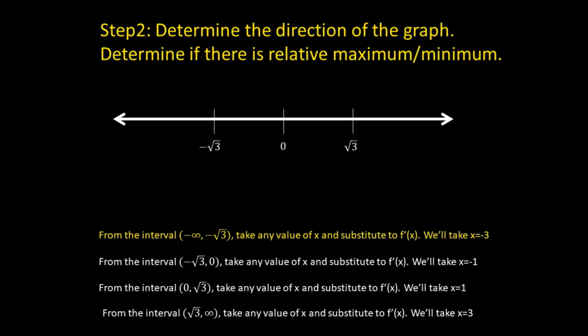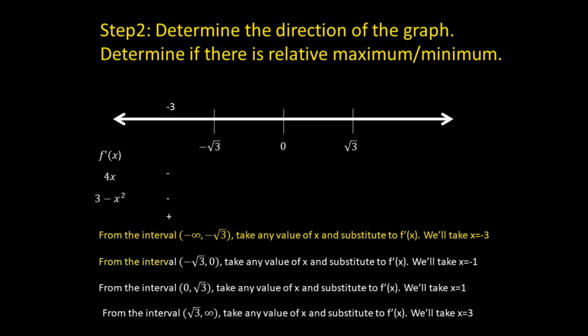We'll take x equal to negative 3. But first, let us recall the first derivative. We have 4x multiplied by 3 minus x squared. When x is negative 3, the sign of 4x is negative, and the sign of 3 minus x squared is also negative. Negative multiplied by negative gives you positive.